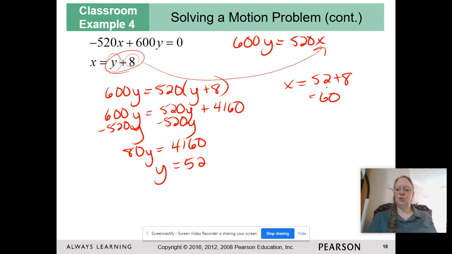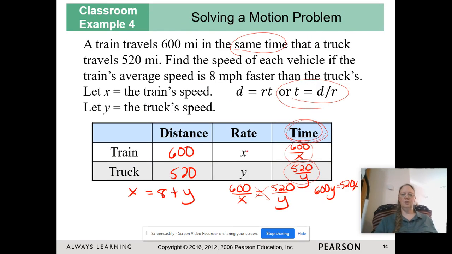So let's make sure we have answered the question. We got x is equal to 60, and y was 52. All right, and yes, the train is going faster than the truck, which is what we would expect if the train goes 600 miles and the truck goes 520.